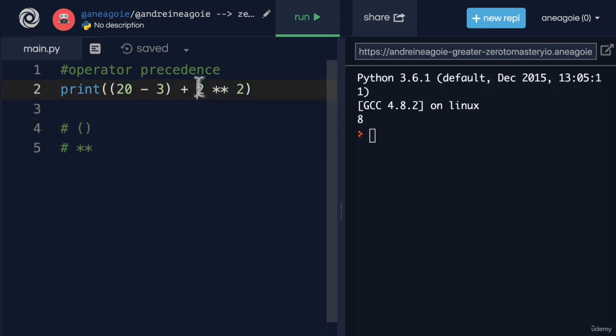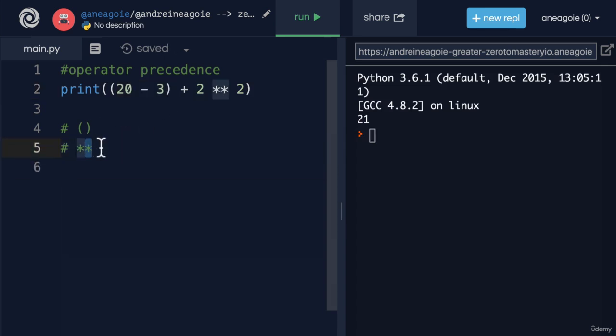And then we do 2 to the power of 2, because that's the next precedence. And then only after we do that, we add these two together. If I click run, I get 21, which again makes sense. 17 plus 4.